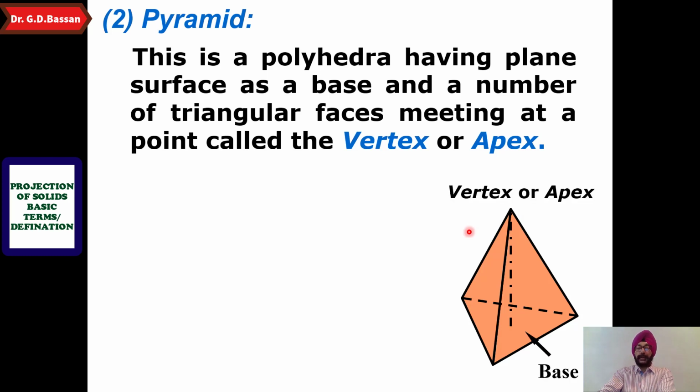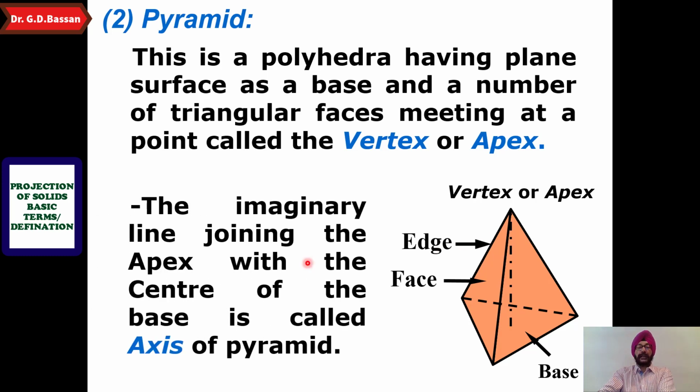Remember that this is a face. Faces are always triangular in shape, and they are separated by the edges, and the imaginary line joining the apex to the center of the base is called the axis of the pyramid.